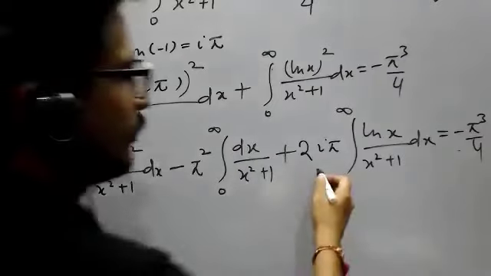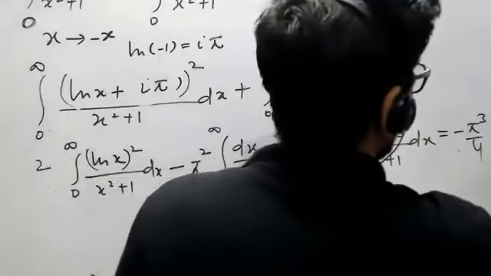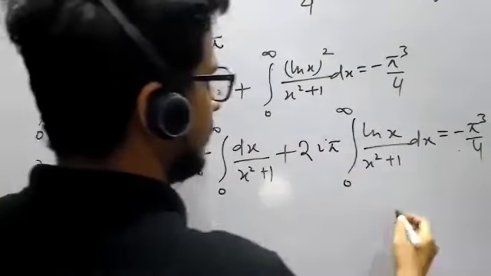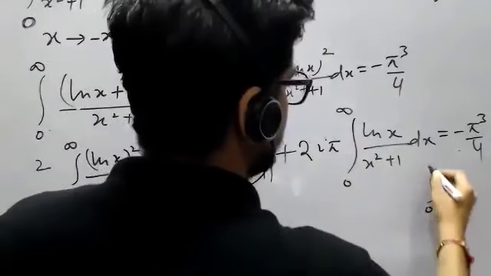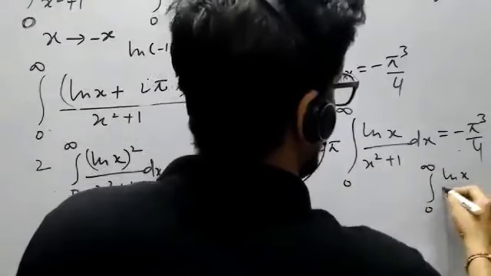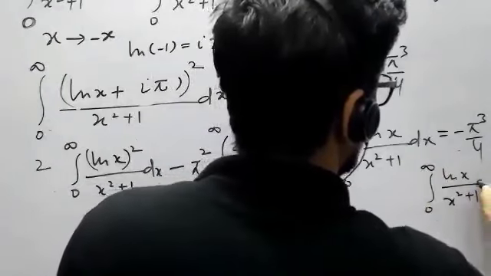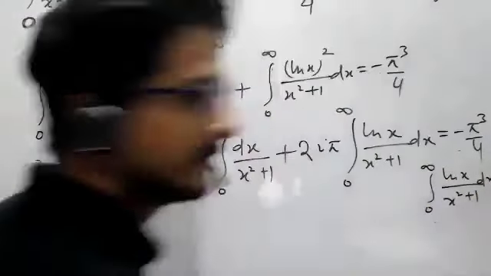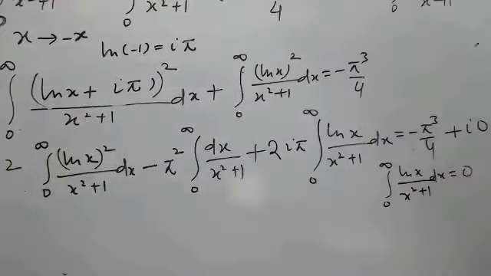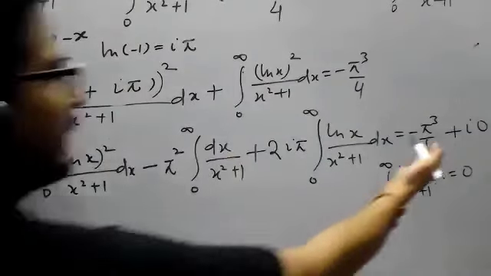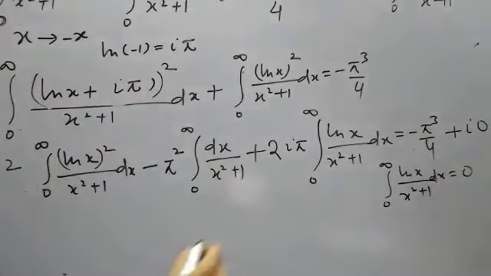एक रिजल्ट देखो तुरंत आ गया. I can write it here i is 0. Compare the imaginary part. So you got 0 to infinity log of x upon x square plus 1 dx is equal to 0. Complex में यही होता है. Okay? Comparing the imaginary part, right hand side there is no imaginary part. So this integral immediately became 0.